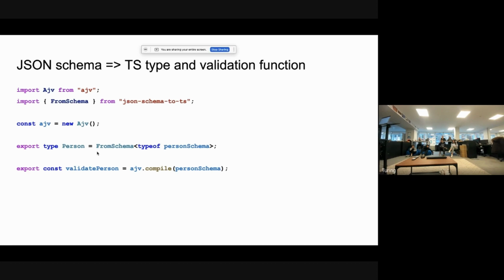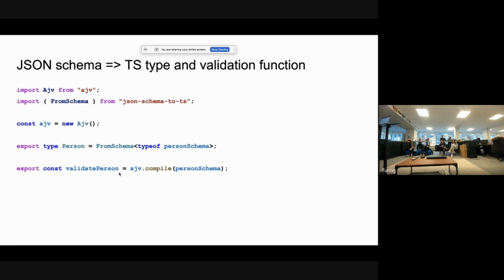You give it the type of your schema, and it automatically infers the actual type of the data. So really cool. I have no idea how it works. There's some TypeScript magic in there. But the nice thing about it is you don't have to write your person type as a JSON schema and also a TypeScript type. You can just do it once, which reduces the risk of errors and also tedious work.